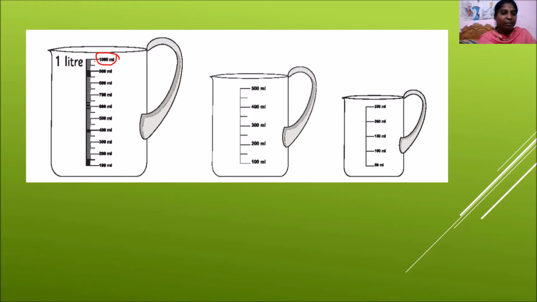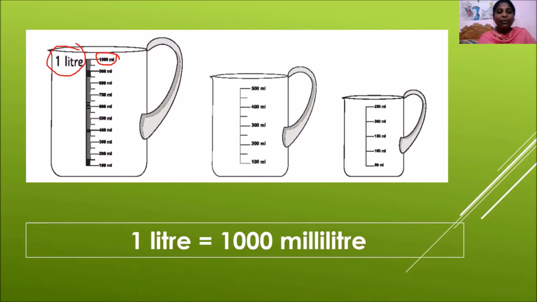Here the 1000 ml is equal to 1 liter. So we can say 1 liter equal to 1000 milliliter. Second image you are seeing a 500 ml measuring cup. Third image is a 250 ml measuring cup.